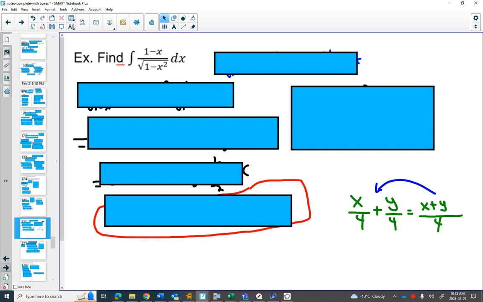But the problem is we have the something x, but we also have the 1. Doesn't quite work for substitution. We also noticed that if you had a square root of 1 minus x squared on the bottom, that sure looks like it's a sine inverse. But it only works if there was just a 1 on top.